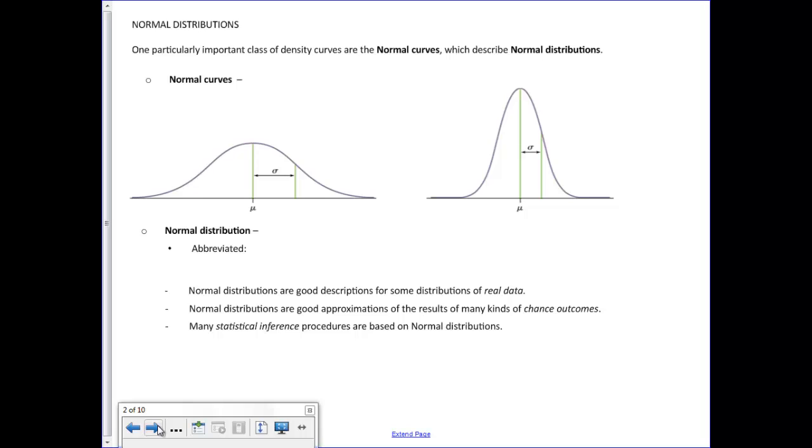One particularly important class of density curves are normal curves, which describe normal distributions. So a normal curve is a symmetric, single-peaked, bell-shaped curve.